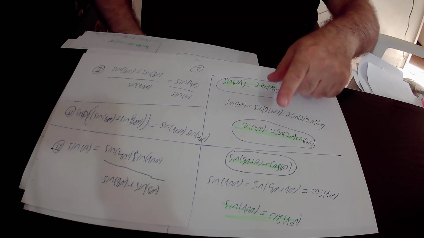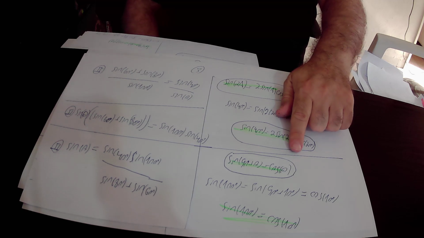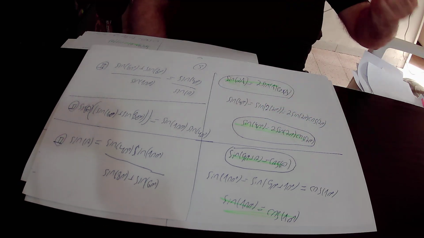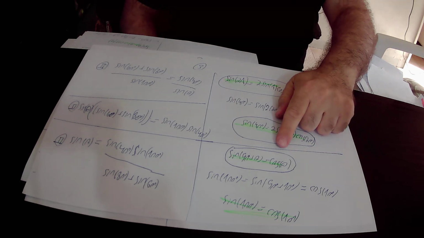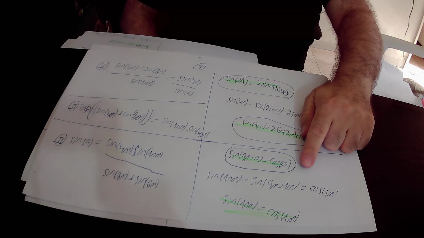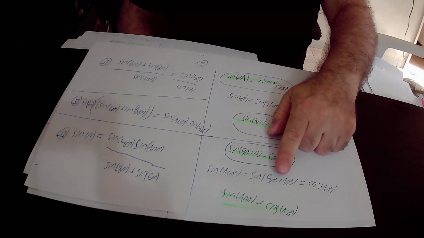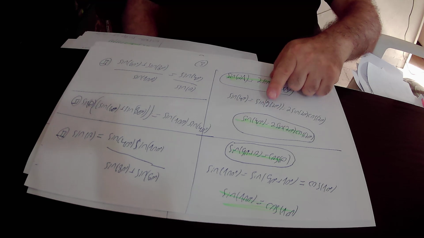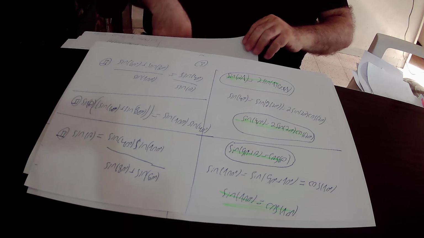Then we have the trigonometric identity that sin of (90 degrees plus theta) equals cos theta. We use this trigonometric identity for sin 100 degrees. Sin 100 degrees equals sin of (90 degrees plus 10 degrees), and according to this identity, that equals cos 10 degrees. So we can substitute sin 100 degrees by cos 10 degrees, and sin 40 degrees by 2 times sin 20 degrees times cos 20 degrees.